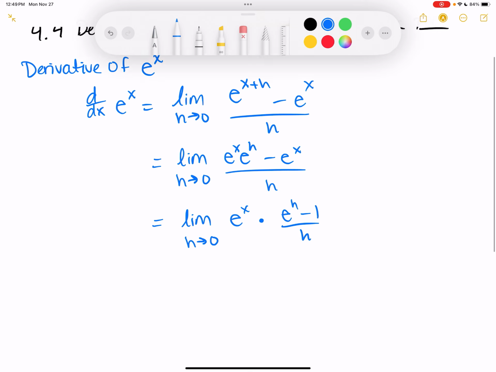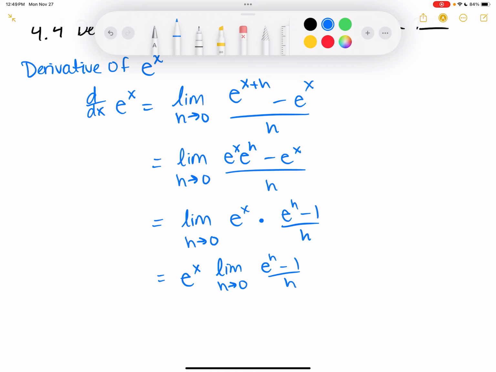Now, because e to the x is basically like a constant, just a number raised to a power, I can take it out front. So I have e to the x times the limit as h approaches 0 of e to the h minus 1 over h.